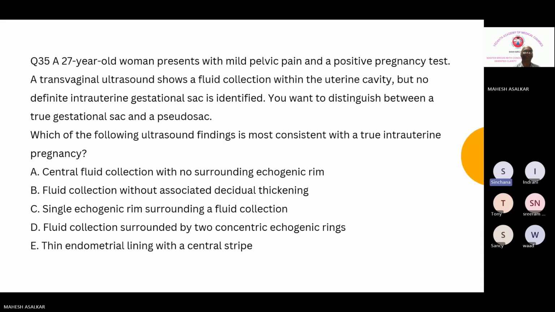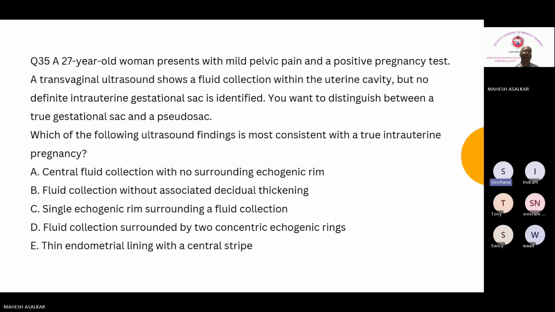A 27-year-old woman presents with mild pelvic pain and a positive pregnancy test. A transvaginal ultrasound shows a fluid collection within the uterine cavity, but no definite intrauterine G-sac is identified. You want to distinguish between a true G-sac and a pseudosac. Which of the following ultrasound findings is most consistent with a true intrauterine pregnancy?